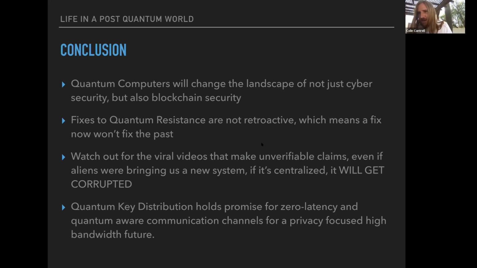Watch out for viral videos that make unverifiable claims. Okay. You can't verify that aliens are building a quantum financial system to bring us into this new whatever. Pardon my language, but watch out for unverifiable information. If it's sensationalist, if it goes viral online, and if it's unverifiable, it's probably malicious. Okay, that's a general rule of thumb.